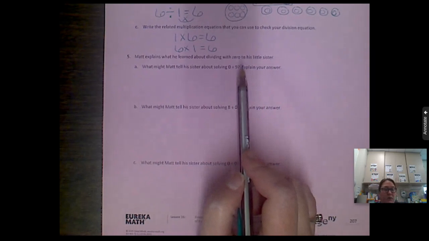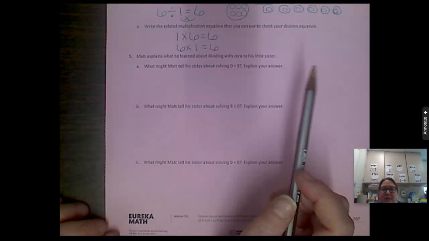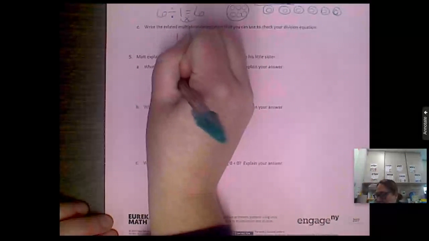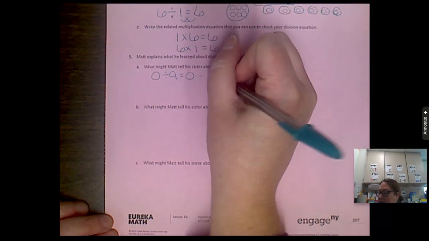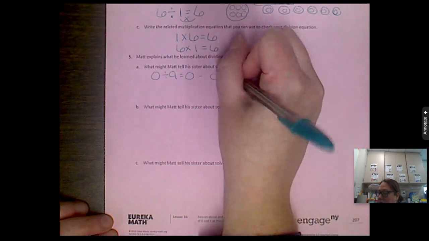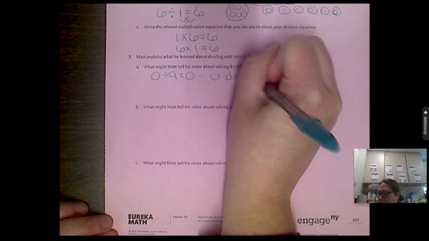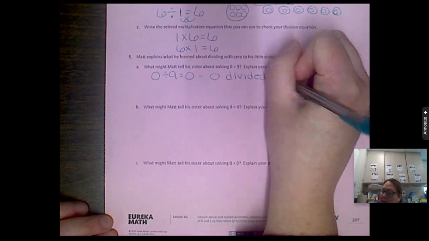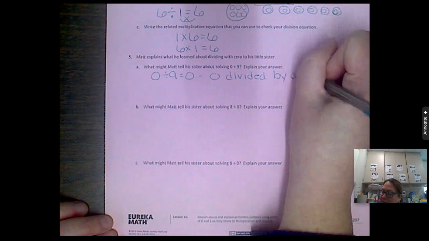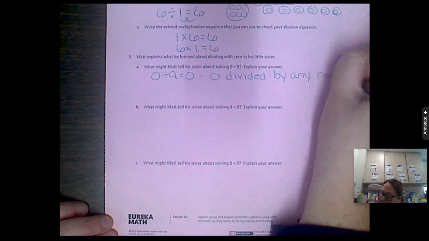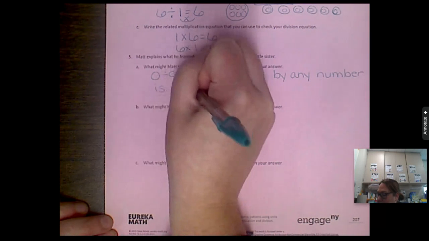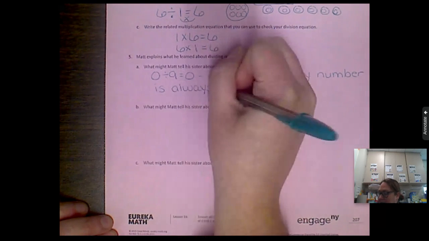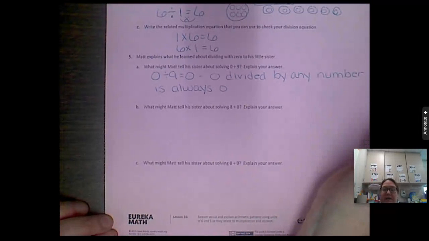Okay, so what might Matt tell his sister about solving 0 divided by 9? So 0 divided by 9 equals 0. Okay, and then we could say 0 divided by any number is always 0, right?